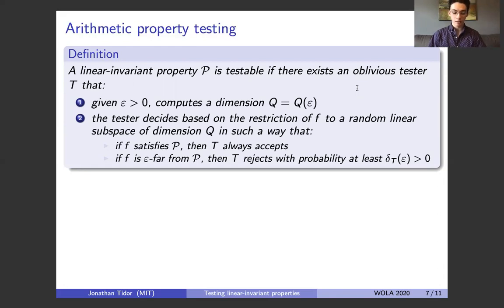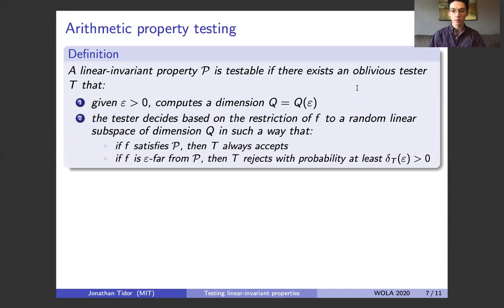Then the tester looks at this restricted function and determines whether or not it thinks the original function satisfied property P. And it has to decide in the following way. If f satisfies P, the tester has to accept. While if f is epsilon-far from P, then the tester has to reject with probability delta, depending on epsilon, that's positive.